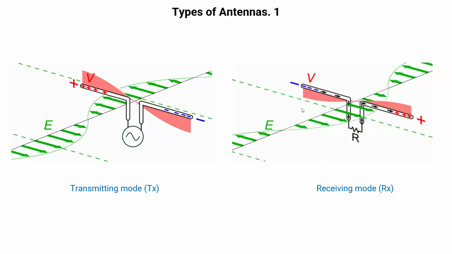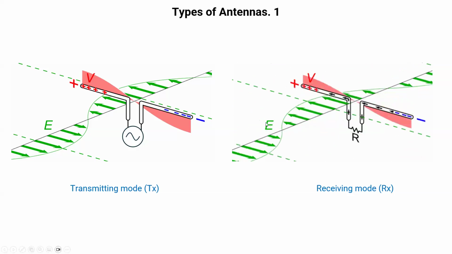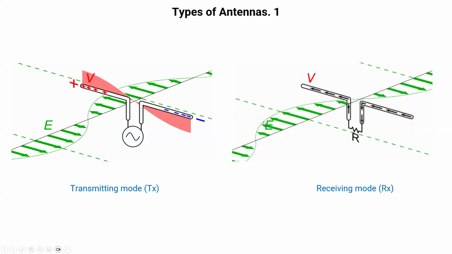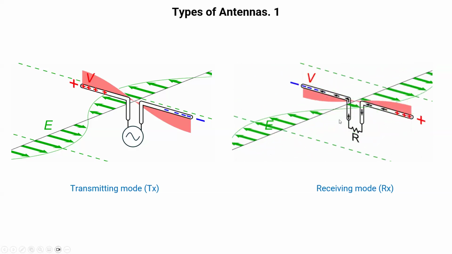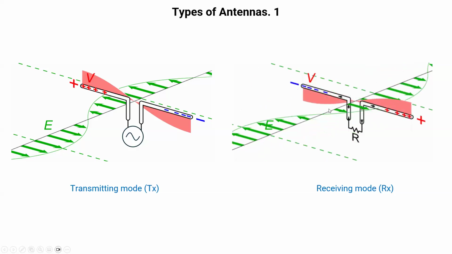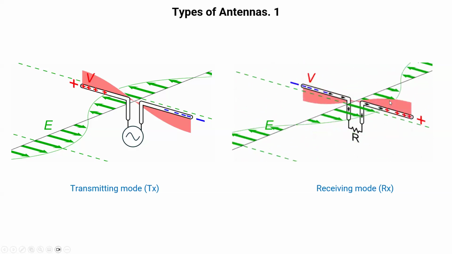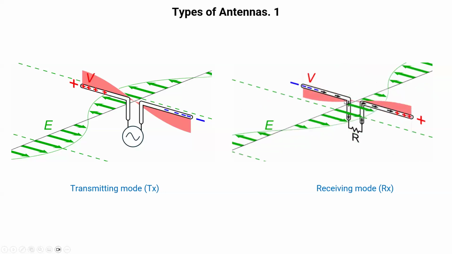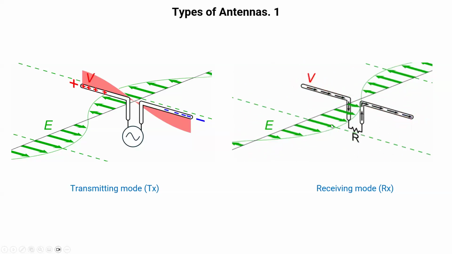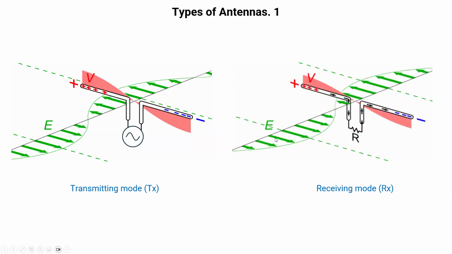In the receiving mode, inversely, or reciprocally, we can use the same antenna, but illuminated by an external incoming field.